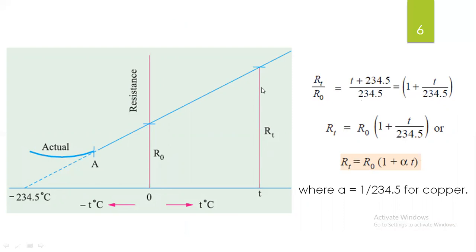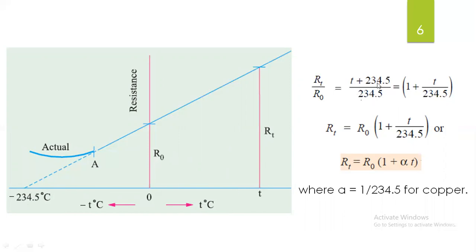As you can see, RT and R0 are parallel to each other. As per trigonometry, taking the ratio RT upon R0, the magnitude from this point to zero is 234.5 plus t, which is why t plus 234.5 is written in the numerator.